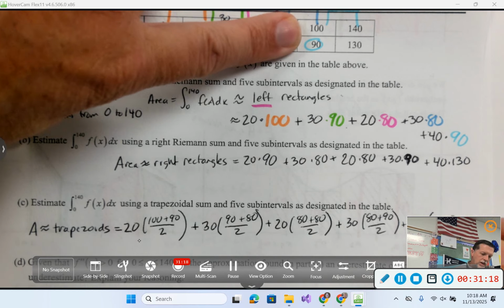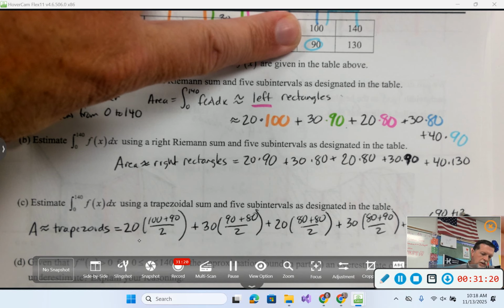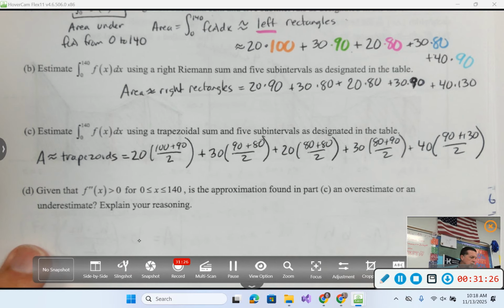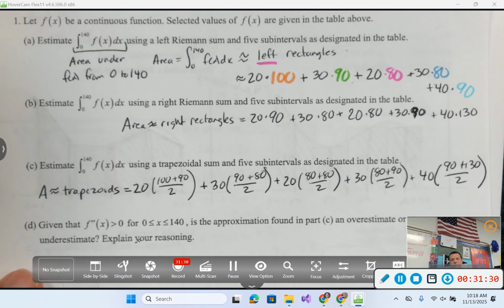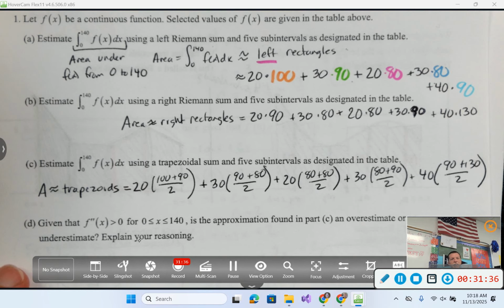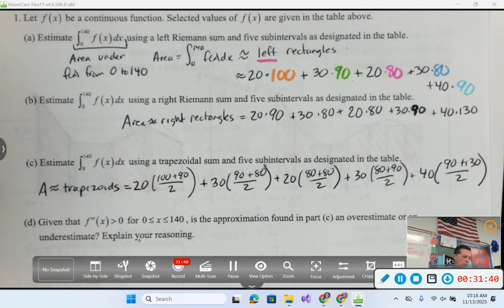Width of 40. 90 plus 130 over 2. A lot of keeping up with things, but not a lot of difficult concepts here. Add up the rectangles. Either use the left height, the right height, or use a trapezoid.